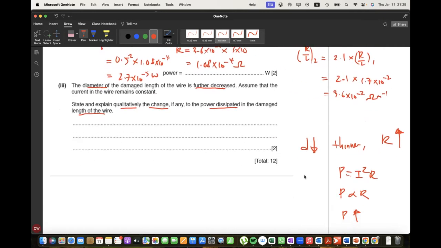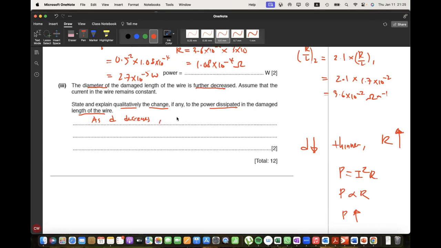Okay. So first one you talk about, you can write more. As diameter decreases, area of wire decreases.